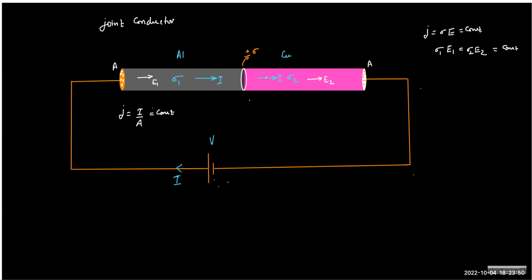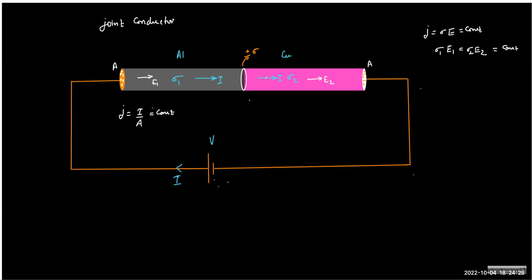Yes, copper is the winner. Copper is more conductive, roughly double, or almost. So copper has more conductivity.